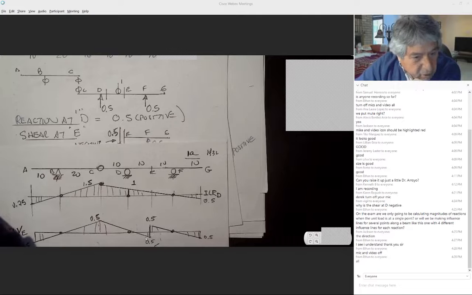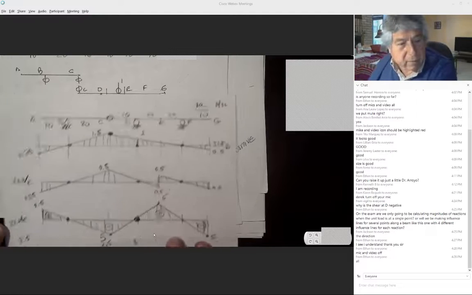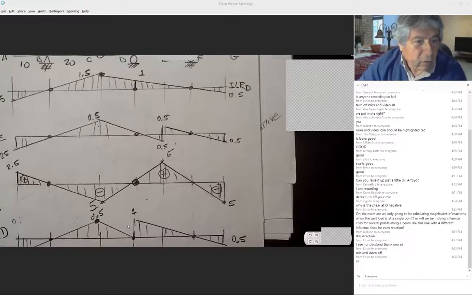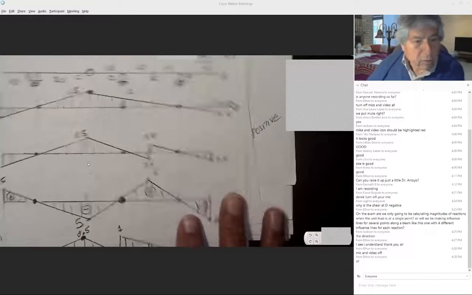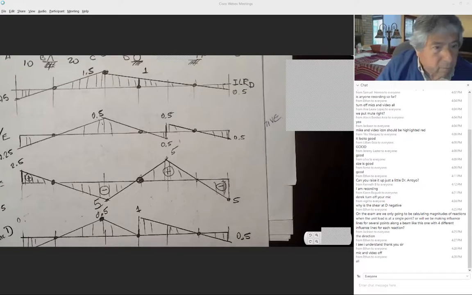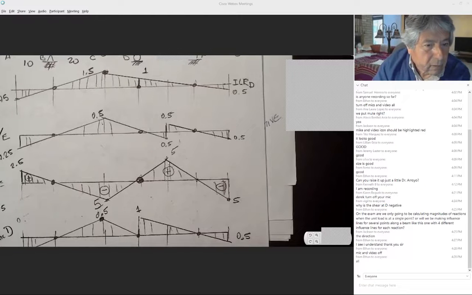And at any location, I'm going to increase the size of it. At any location, when we compute the shear, the first value is always going to be negative. In this case, it happened to be 0.5. At this location, it's going to be 0.1 always.